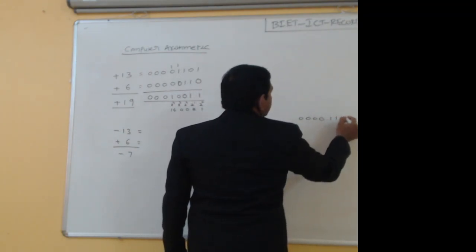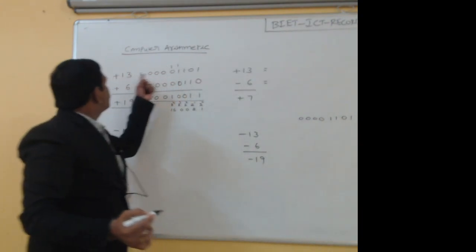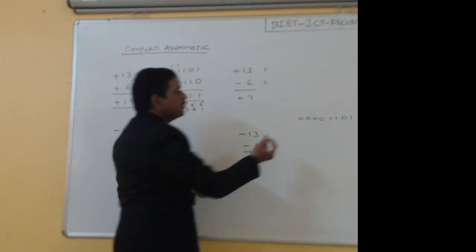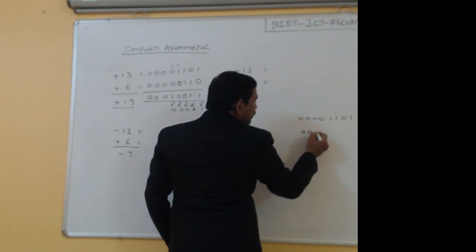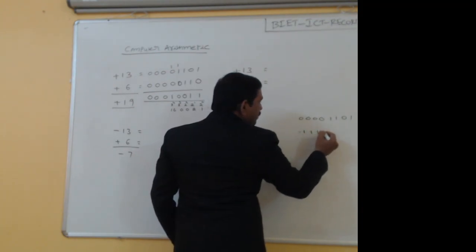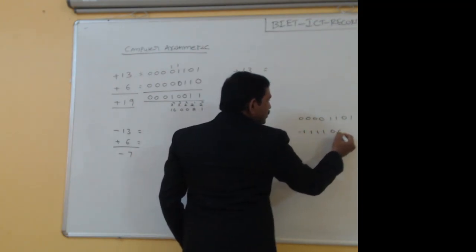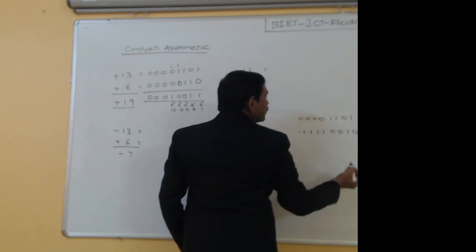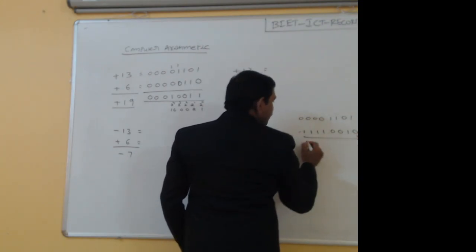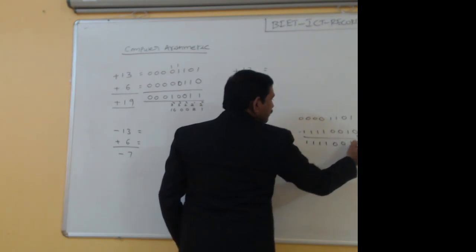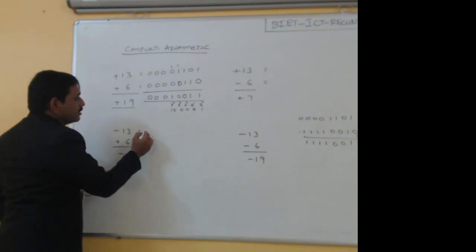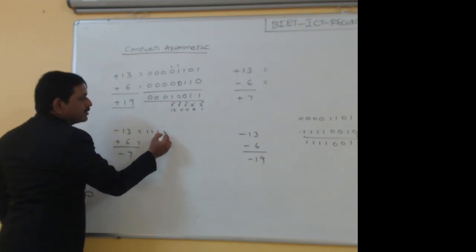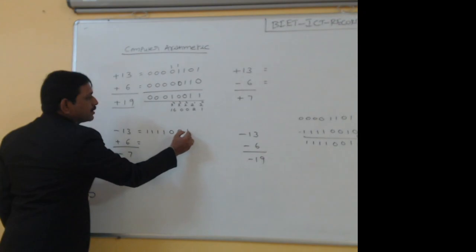Plus 13 is 00001101. Its 1's complement is 11110010. By adding 1, we get 11110011. This is the 2's complement value of plus 13, that is 11110011.